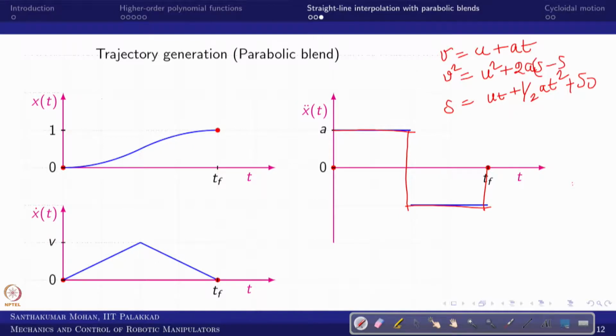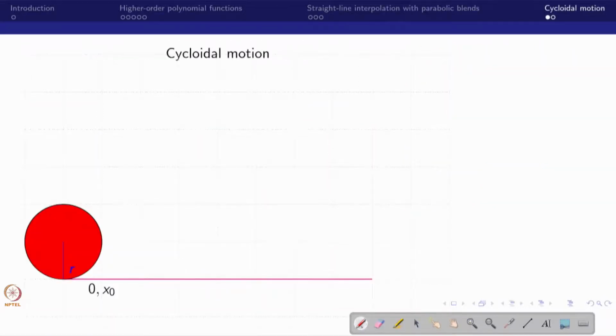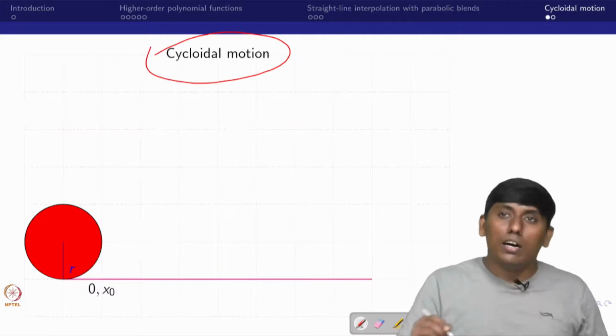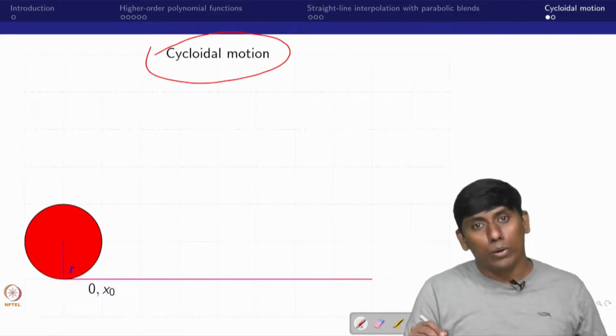So these are the three equations of motion that we can use to get this parabolic blend. Okay, so now we will go to one additional trajectory generation, what you call cycloidal motion.